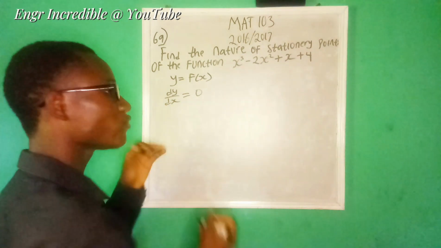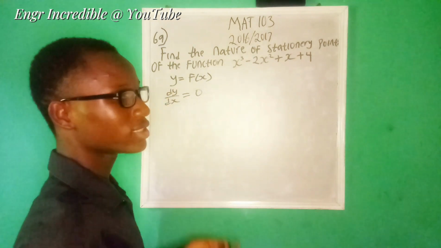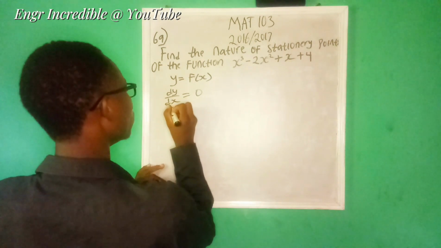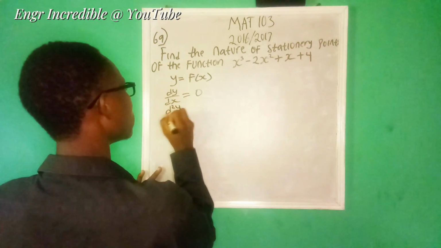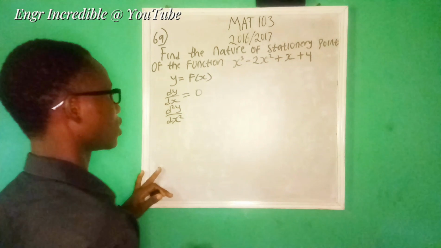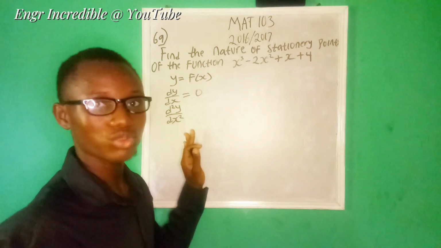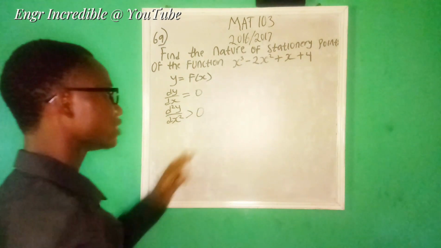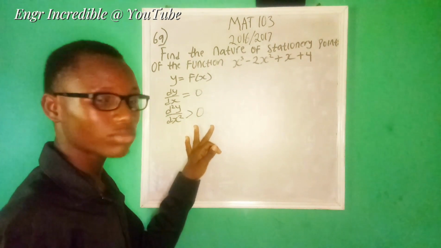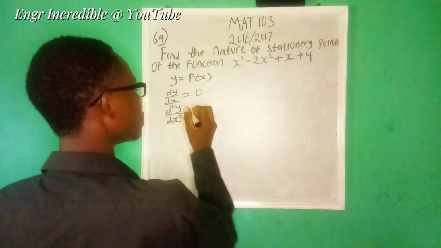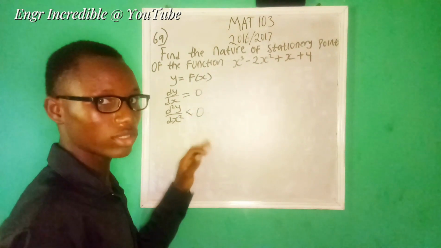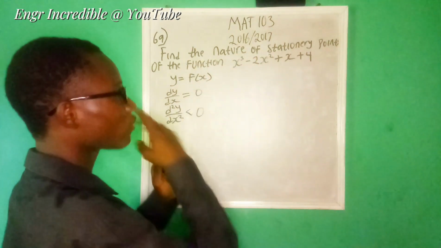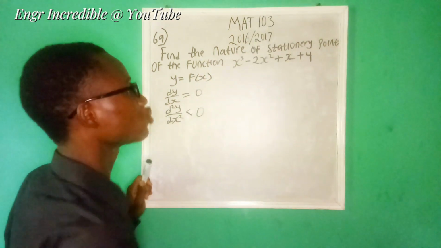And to find whether the stationary point is a minimum point or a maximum point, we use the second derivative, d squared y over dx squared. If d squared y over dx squared is greater than 0, that means it is at a minimum point, and if it is less than 0, it means that it is at a maximum point. So that is what we were told to find here, the nature of the stationary point.